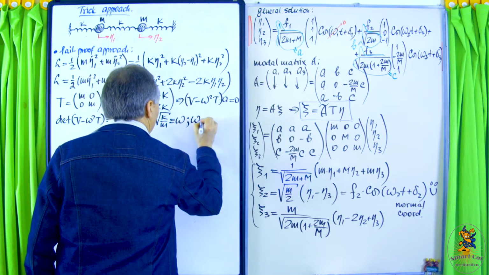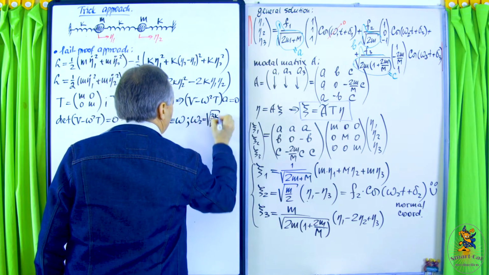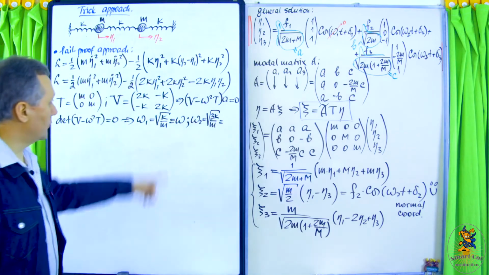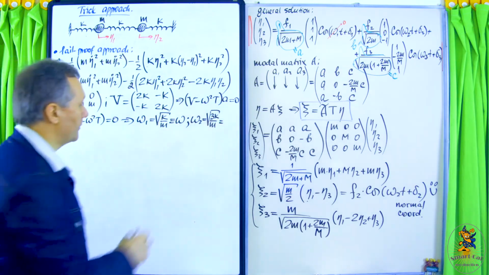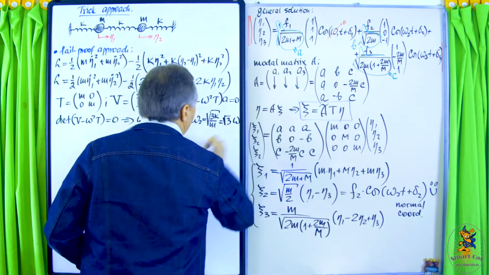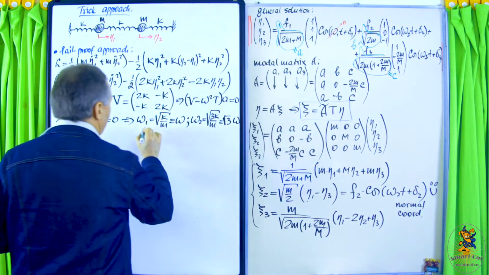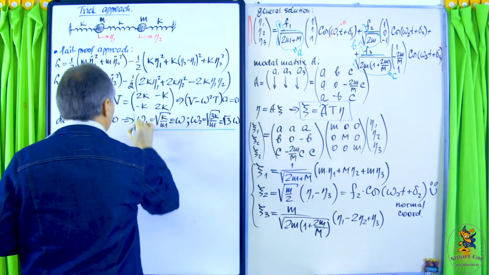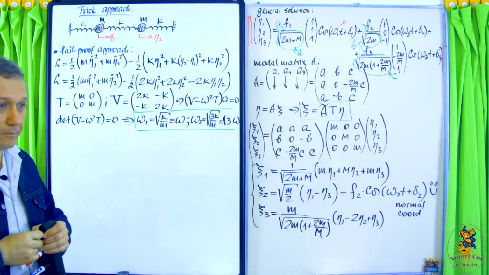And omega 2 will be equal to square root of 3k over m. Of course I can write it in terms of omega. It will be square root of 3 times omega. Let me frame them so it would be easier for me to spot them if I need.